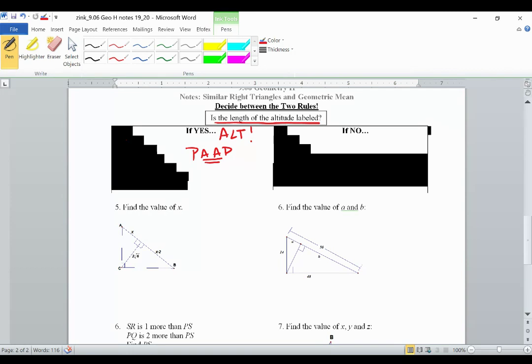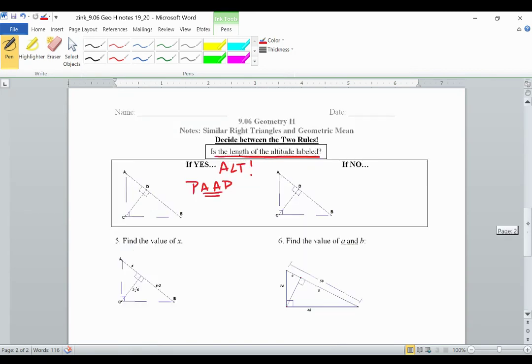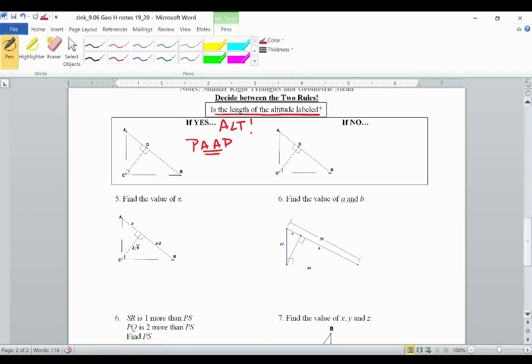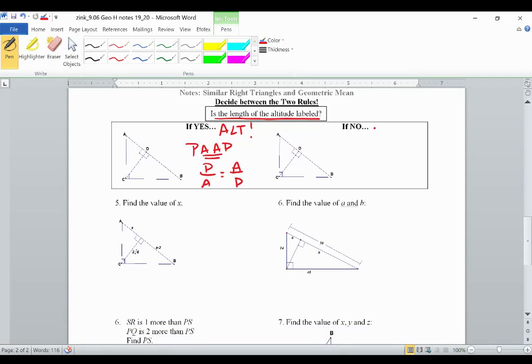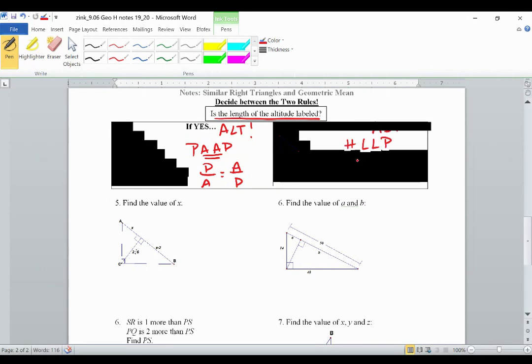So this would be PAP. So your part over altitude equals altitude over part. And if you do not have an altitude and you're not looking for the altitude, then you're going to use HLLP. So your hypotenuse over your leg equals leg over the part closest to that leg on the hypotenuse.